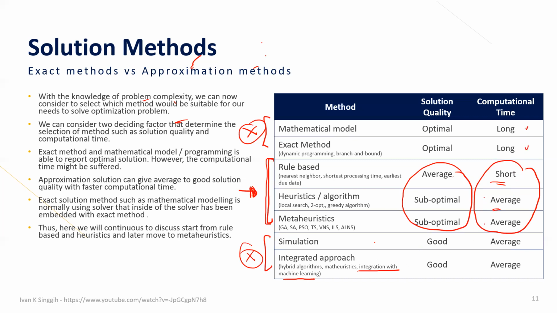In the early days of approximation algorithms, we have algorithms that belong to rule-based and heuristic algorithms. Actually, these have some intersection with one another, but basically sometimes we call rule-based also a heuristic algorithm.